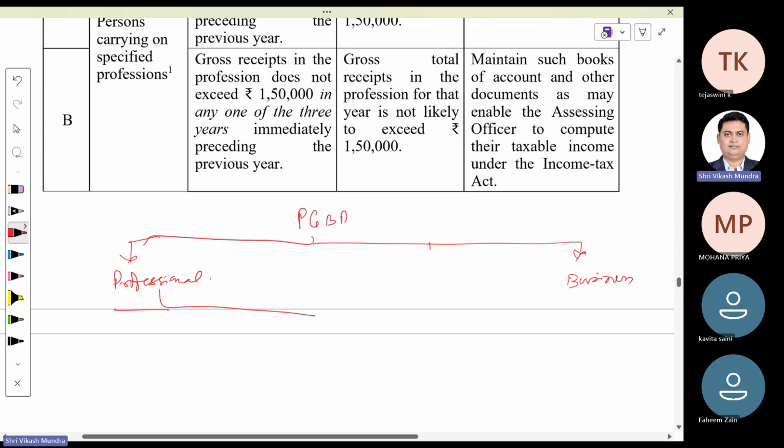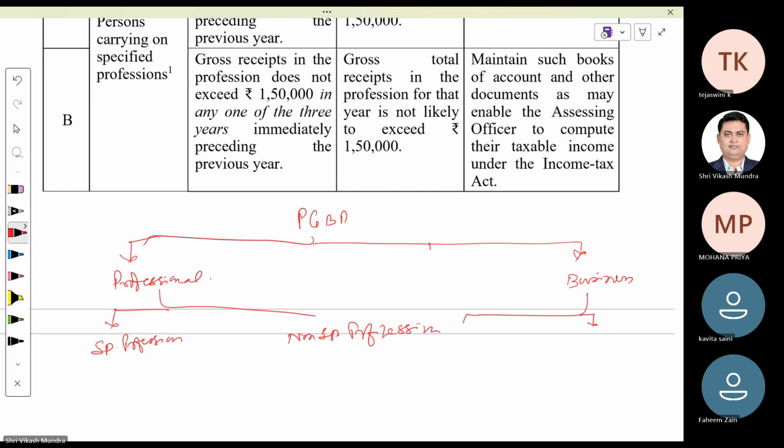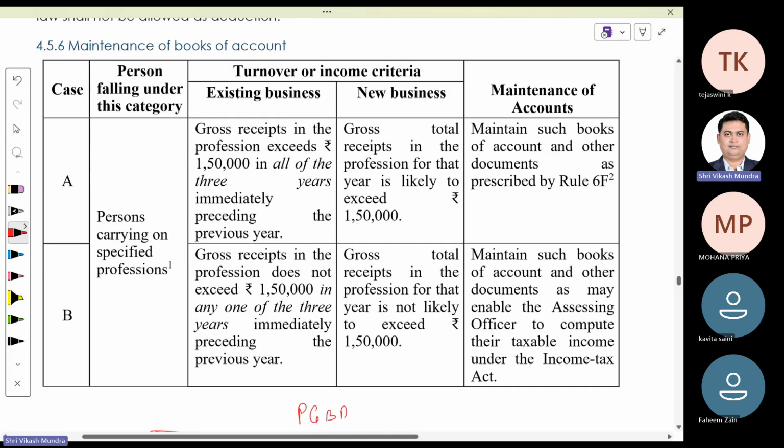Again, profession is divided into two parts: specified profession and non-specified profession. In case of business, again, it is divided into two parts depending on certain economic criteria. If you are carrying on a specified profession, what do you mean by specified profession?